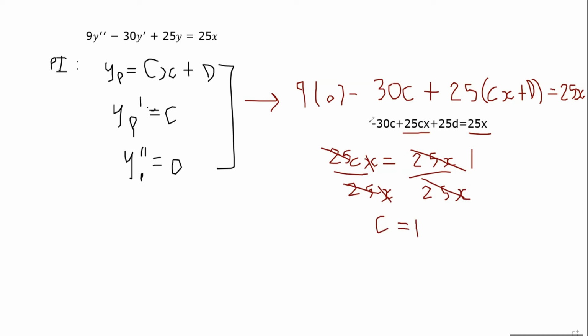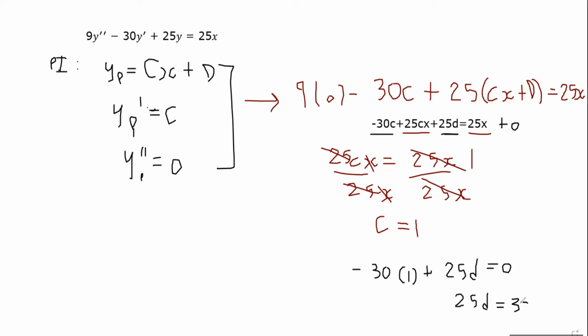Then we have minus 30c plus 25d, and the number on the right side is really 0. So the equation is minus 30 times 1 plus 25d equals 0. Bring the 30 over to get 25d equal to 30.